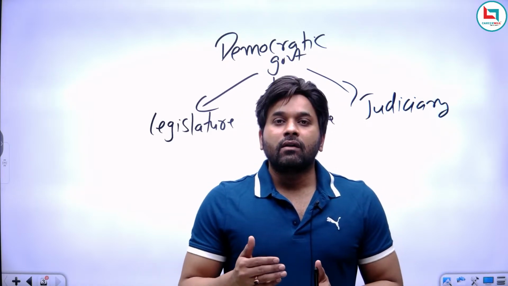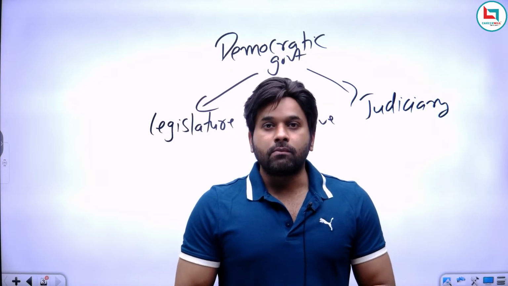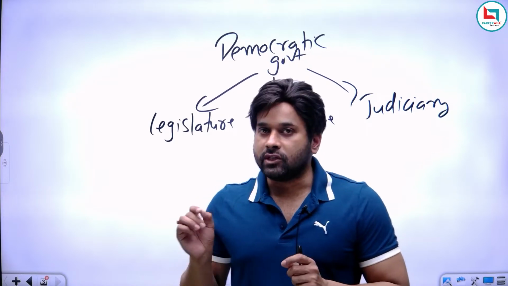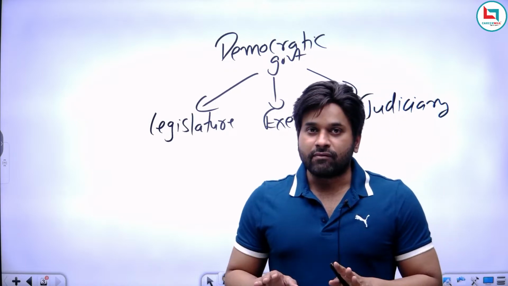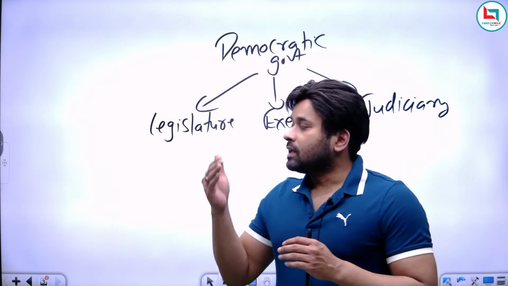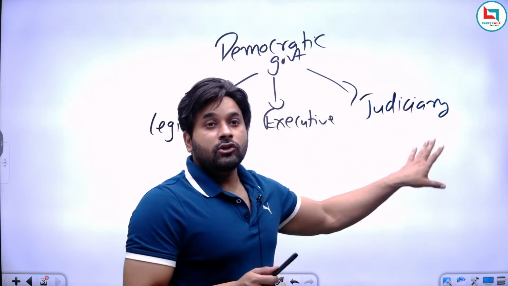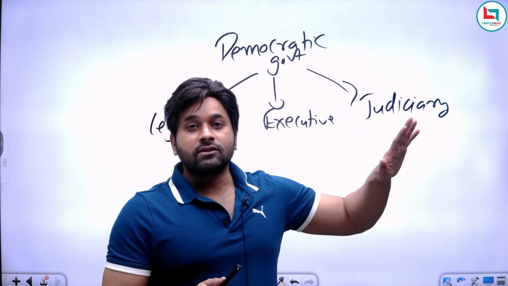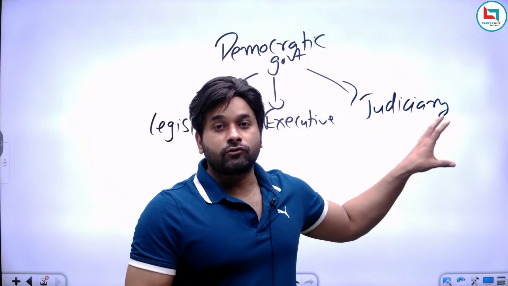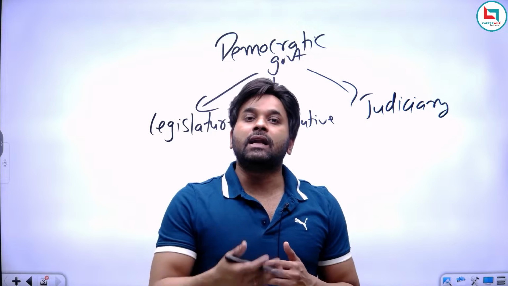Now remember, when it comes to the difference between parliamentary and presidential, we have to remember the relation between 2 organs. Whether a system will be parliamentary or presidential depends upon the relation between these 2 organs. We do not consider the relation of the judiciary. Why? In a democracy, the judiciary should always be independent.